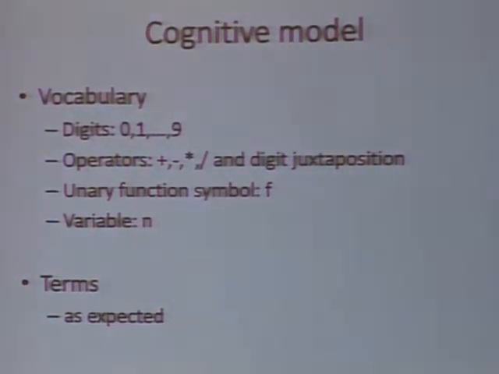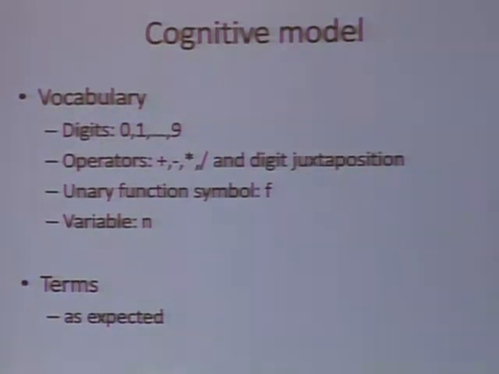So the terms are formed on the basis of this vocabulary: some digits, some operators, the ordinary arithmetical operators, and we have a juxtaposition operator for turning digits into numbers. And we also have a unary function symbol, which will be used for denoting previous elements in the sequence, and a variable n, which will be the position in the sequence.